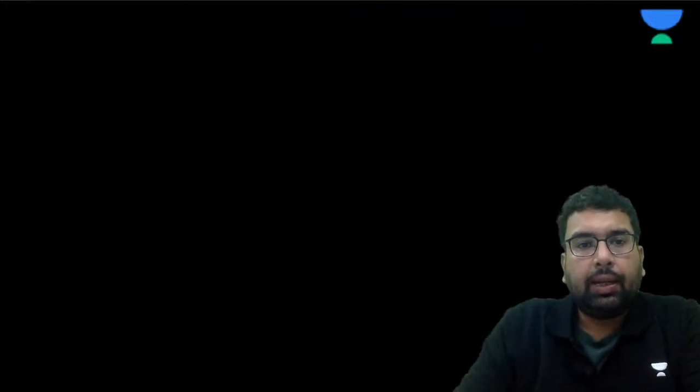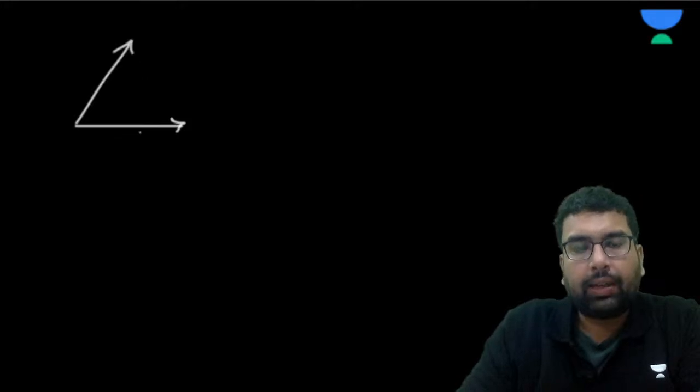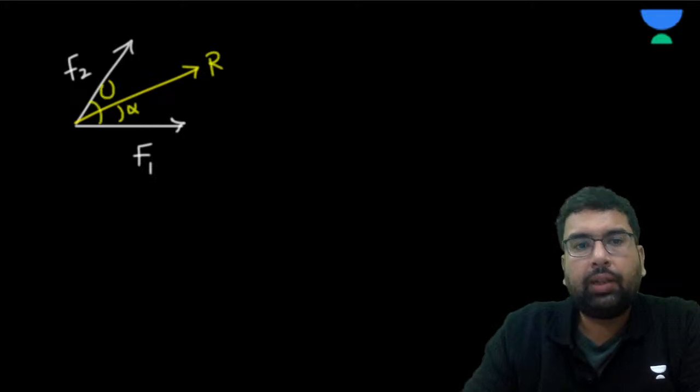We understand that if two forces or two vectors are there, let's suppose this is F1, this is F2, and the resultant of these two vectors is somewhere here, and this is alpha, and the angle between them is theta.